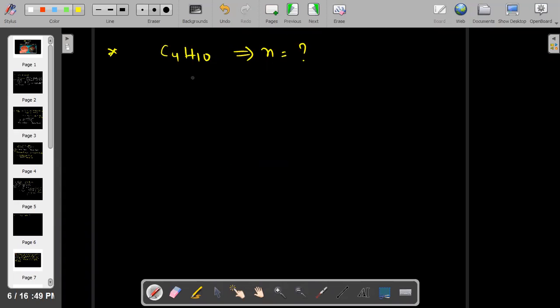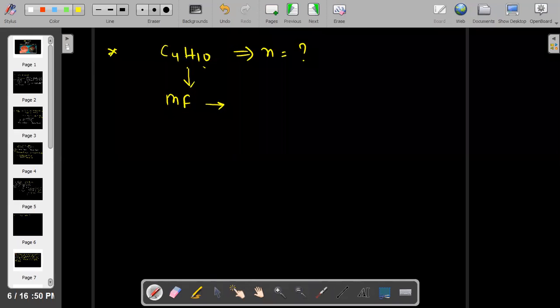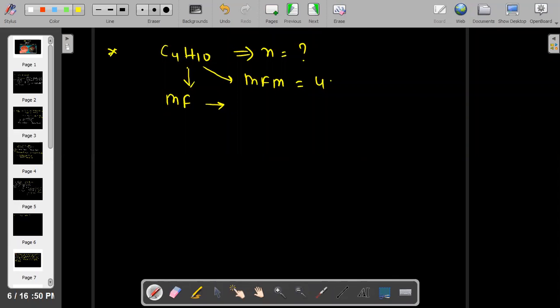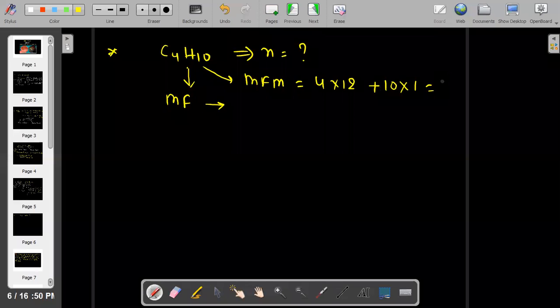You are not getting it. This is the molecular formula. Once again, check the molecular formula. So what is the molecular formula mass? Carbon 4 times, so 4 into 12 plus 10 into 1, that is 48 plus 10, that is equal to 58. Now tell me what is the empirical formula?